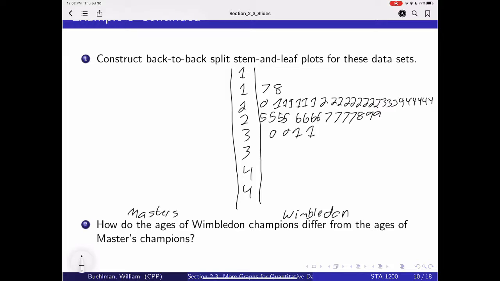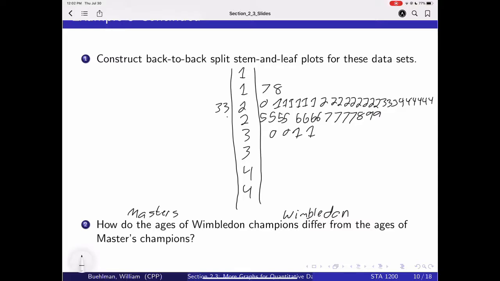So now we've done all the Wimbledon winners, and now we're going to do the Masters winners on the left. But you're going to notice this is slightly different. So the smallest numbers are going to be closest to the stems, and as the leaves go to higher numbers, it's going to work outward. So for the 20s, we had 2 23-year-old winners of the Masters.